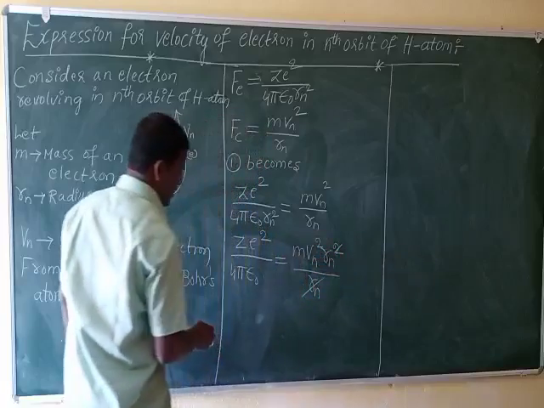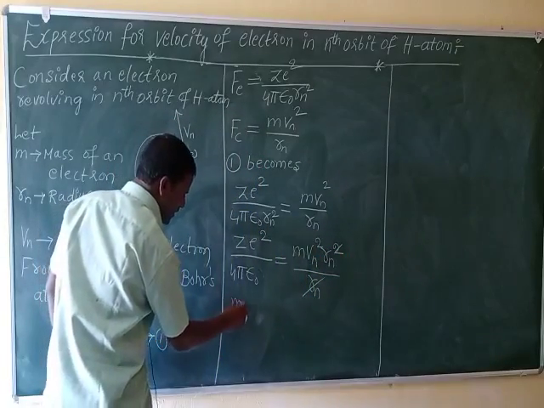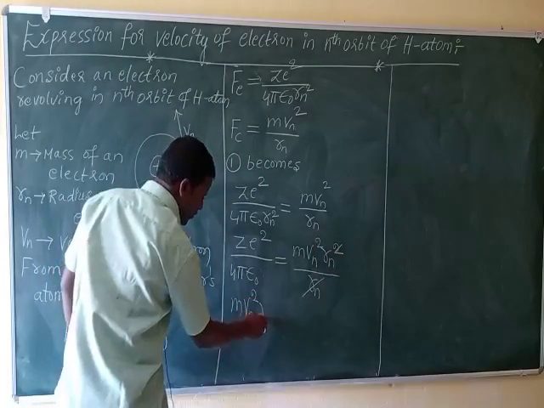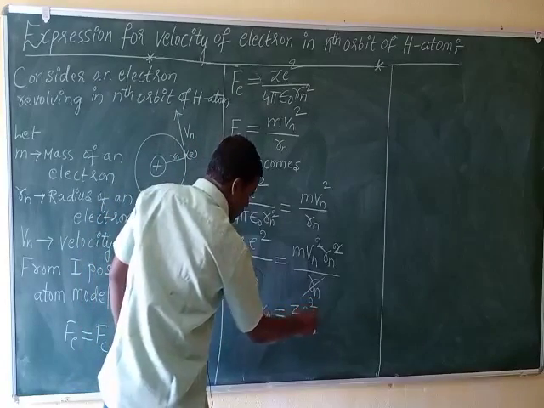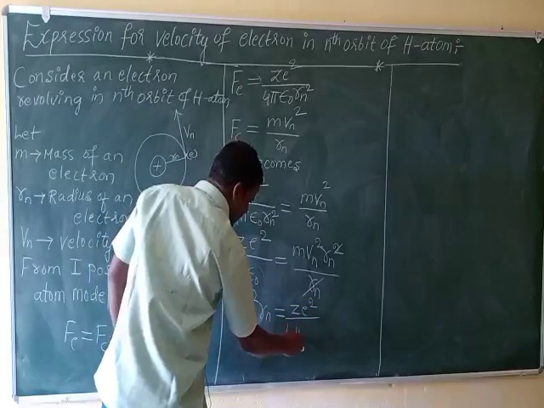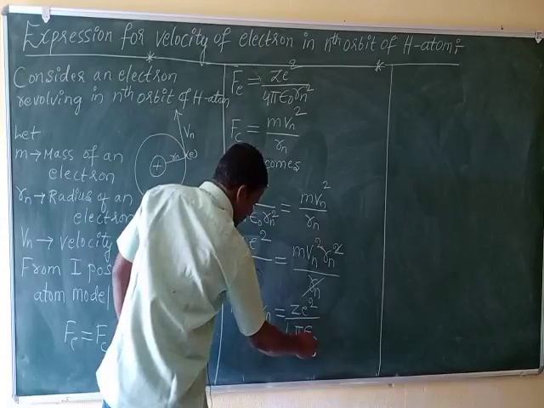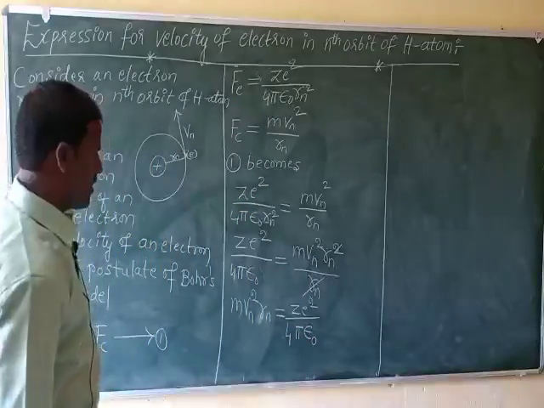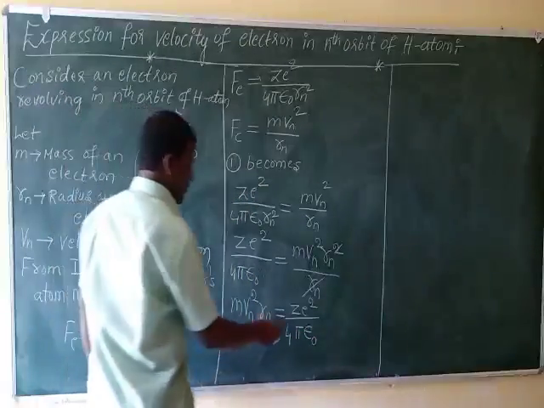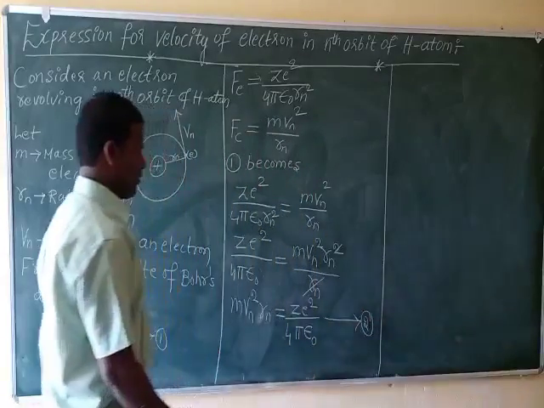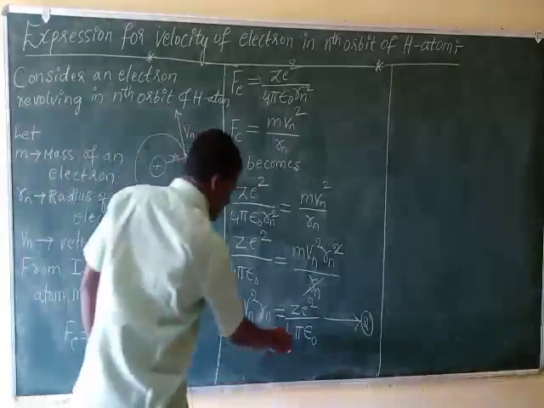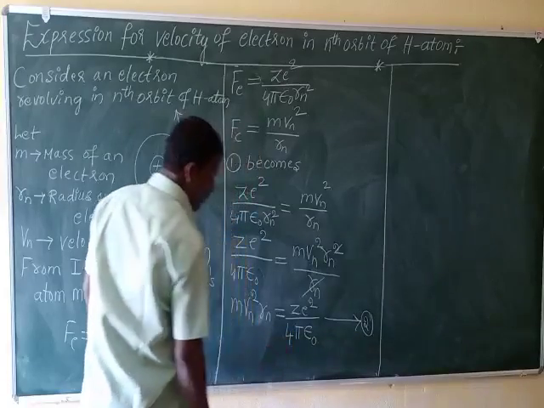Here one Rn cancels, so you are left with m vn square Rn equals Z square divided by 4 pi epsilon. This is equation number 2.